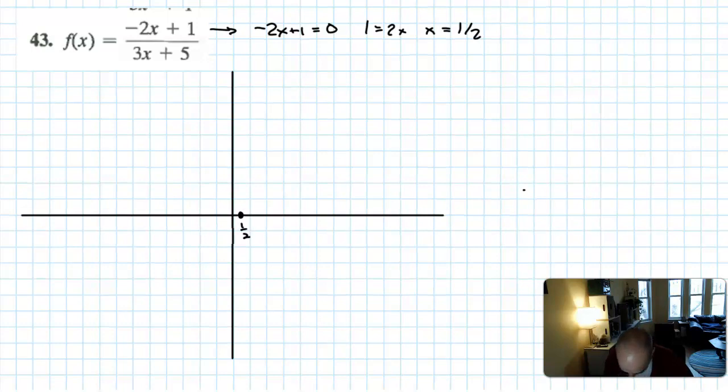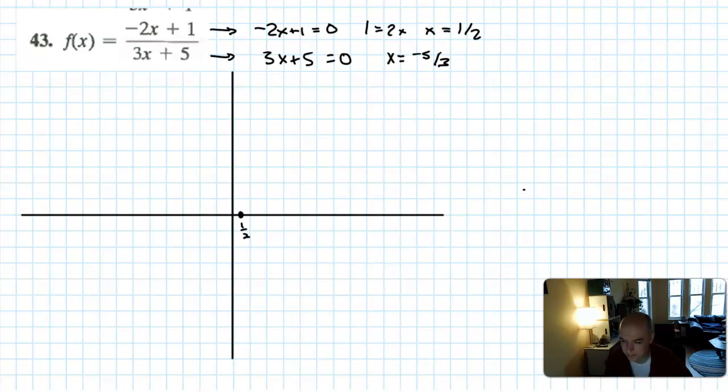We need to find the vertical asymptotes. That's when the bottom is 0. So that's going to be at x equals negative 5/3, which is what? 1 2/3. So our vertical asymptote is negative 5/3. We need to think about the HAs. It's balanced.